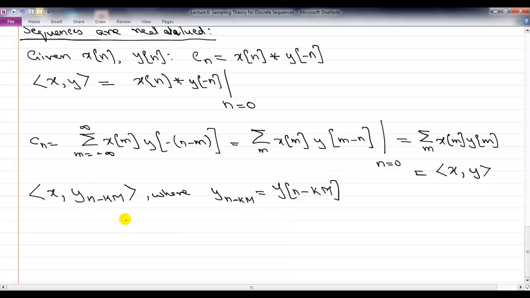Just a function shifted by some amount. I'm going to argue that that is actually equal to this convolution with the time reversed version of y, sampled at n equal to kM.